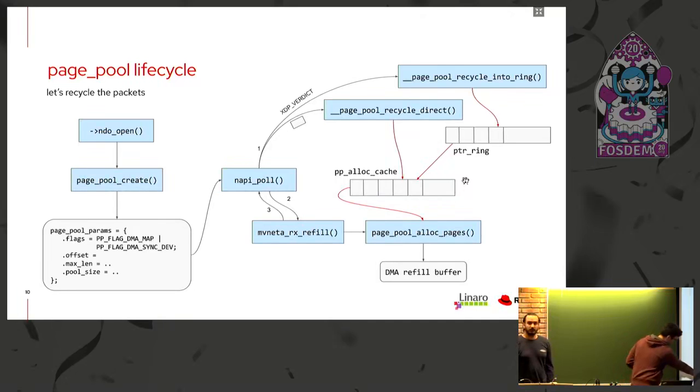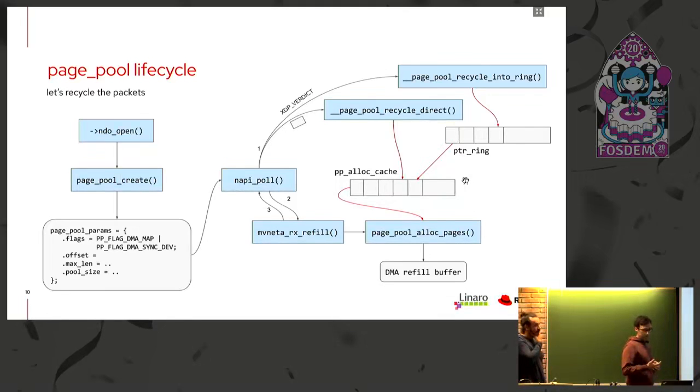And what is important to notice in this slide is that when the NAPI poll runs, it runs an eBPF program that is attached to our network interface, and the eBPF program will return an XDP verdict, let's say a result. Then the buffer will be recycled according to this result.